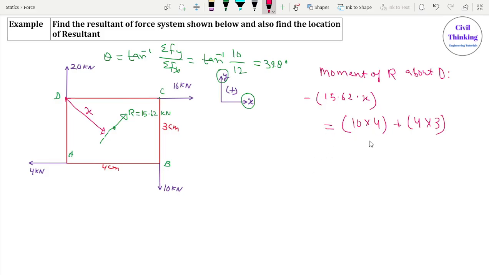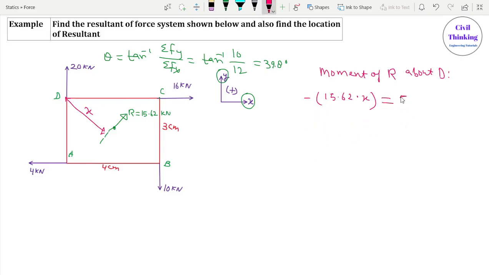So let's first simplify this. 10 multiplied by 4 is 40. Now 4 multiplied by 3 is 12. Now 40 plus 12 is how much? 52, right? So it is 52. Now from here we will find the value of x.